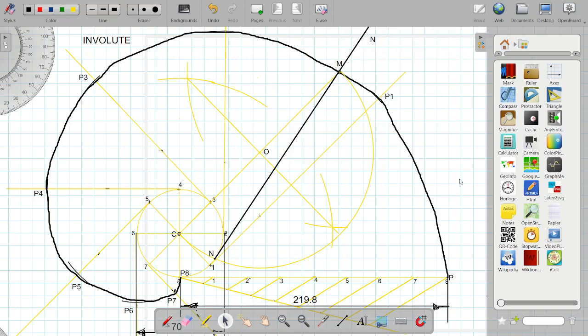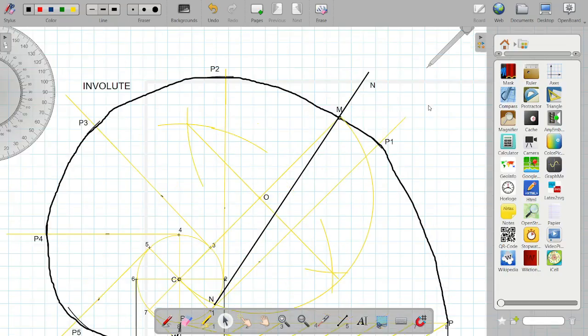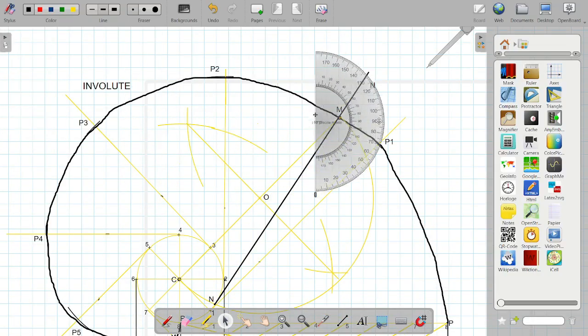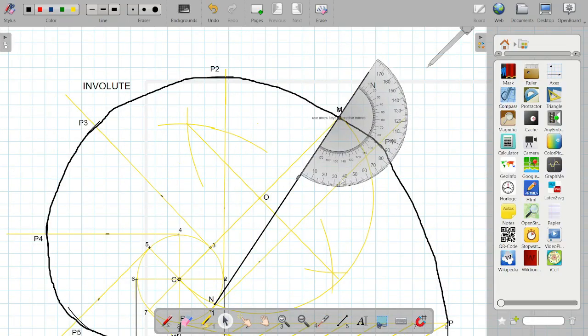And we know that normal and tangent are always perpendicular to each other. So I will keep and measure 90 degree, which is here.